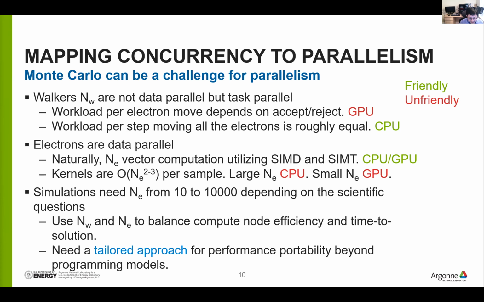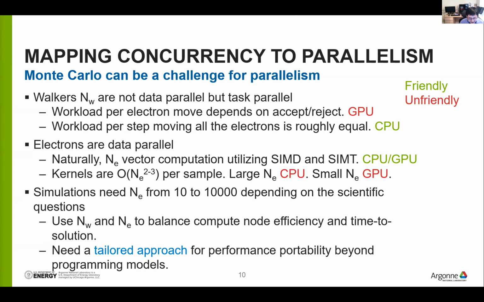However, if you think about kernels, if you just do one worker, think about 1,000 electrons, it's actually too large a number for CPUs, because if you multiply the number of cores by the number of SIMD lanes, it's roughly still just a few hundred to a few thousand. So a few thousand is already kind of stretching the CPU limit.